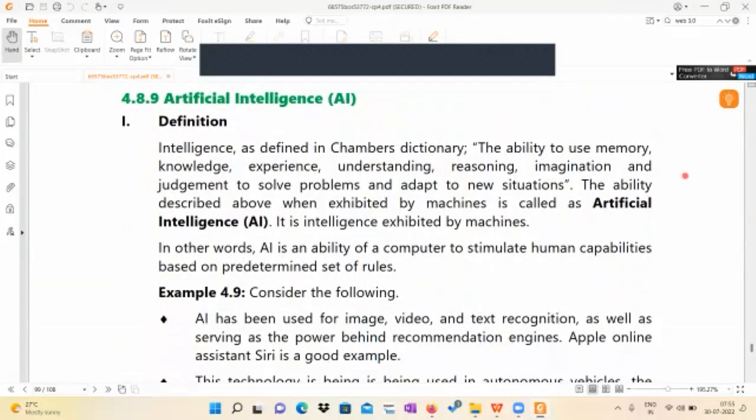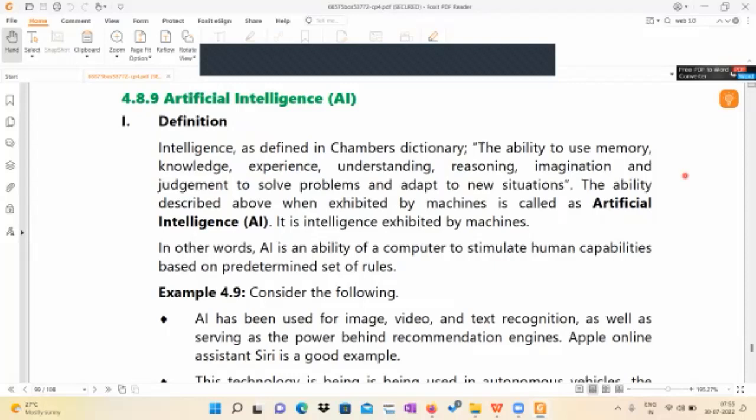It is given a set of instructions, and according to the set of instructions it will perform the task. The machine is trained according to the various circumstances and the experiences that human beings have had, and therefore it will perform complex operations as well.